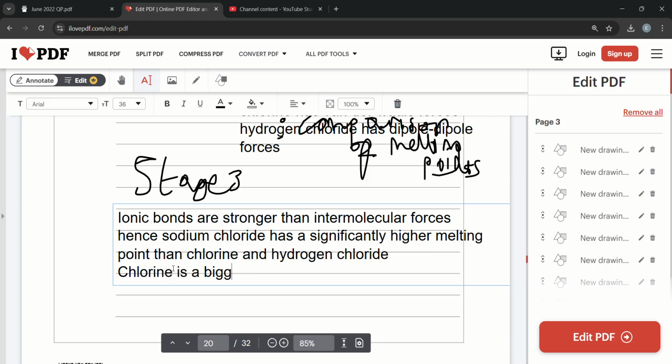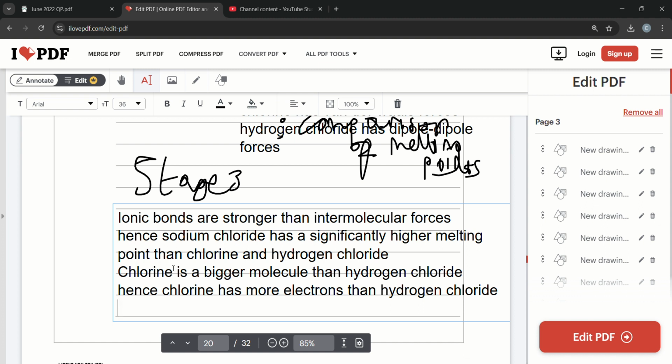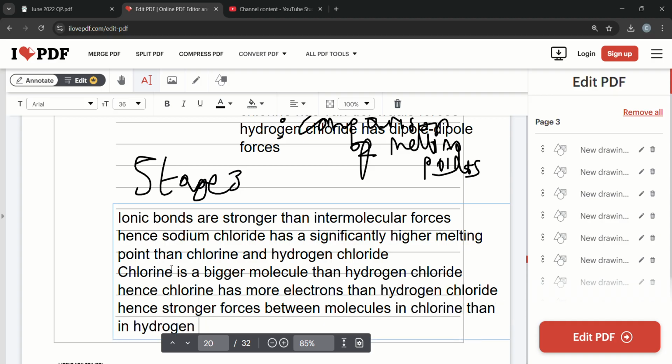Chlorine is a bigger molecule than hydrogen chloride. Hence, chlorine has more electrons than hydrogen chloride. Hence, stronger forces between molecules in chlorine than in hydrogen chloride.